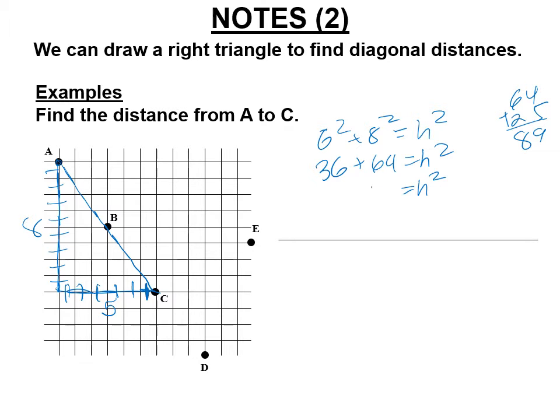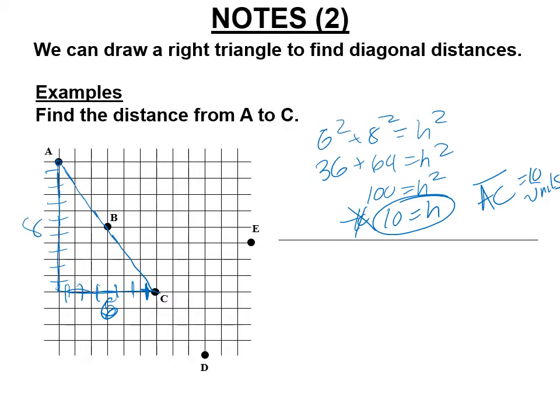So this is 100. I'm losing my mind here. And so yes, 10 is the distance. So the length of AC is 10 units. Let's forget that. Totally wrong.